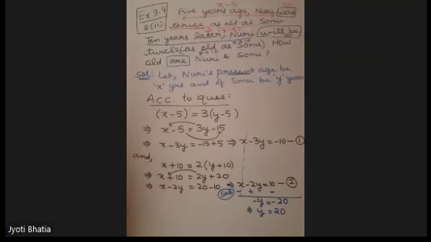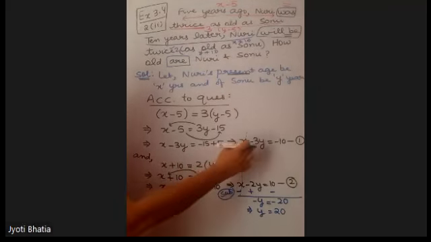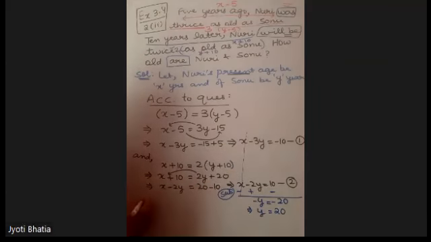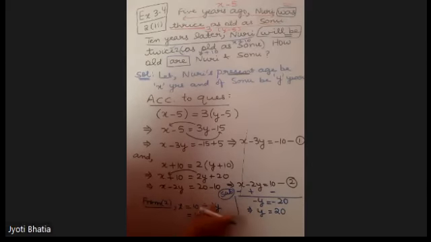Put in any of the equations. Shall I put in 1 or 2? Ma'am, 2. Okay, let us take 2. From 2, I'm short of space, but you do it neatly in your register. From 2, X is equal to 10 plus 2y. So 10 plus 2 into 20, 2 into 20 is 40.